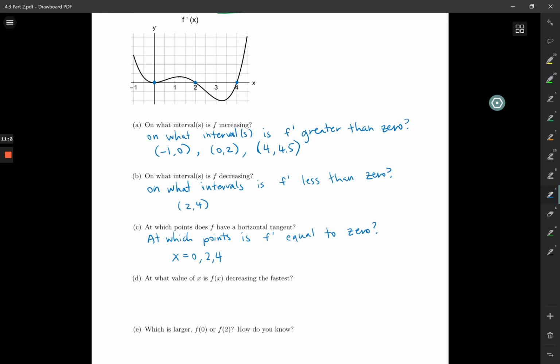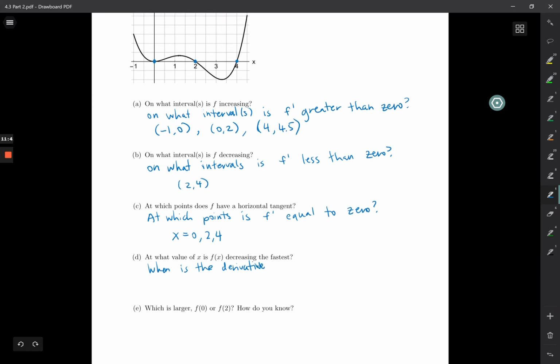So this is asking when is the derivative, so this is a little awkward to state, but it's asking when is the derivative negative, so that means that the function is decreasing, and largest in absolute value.